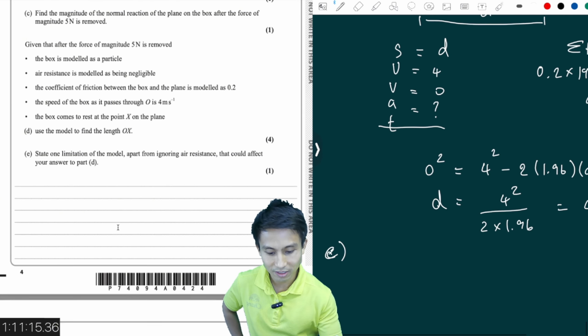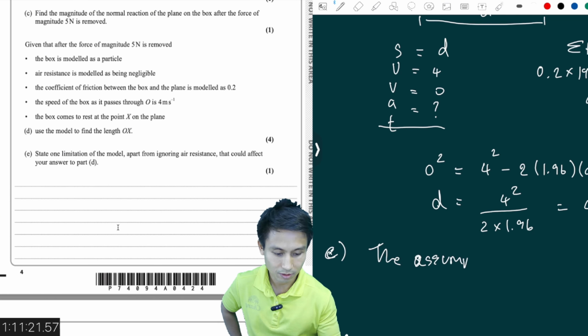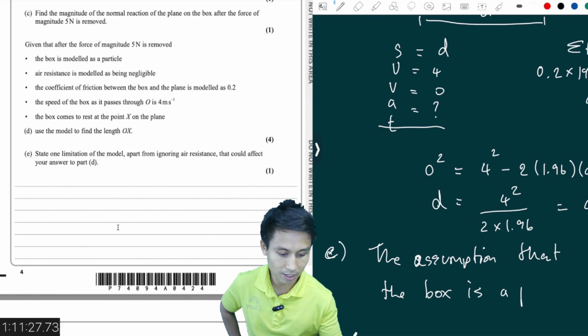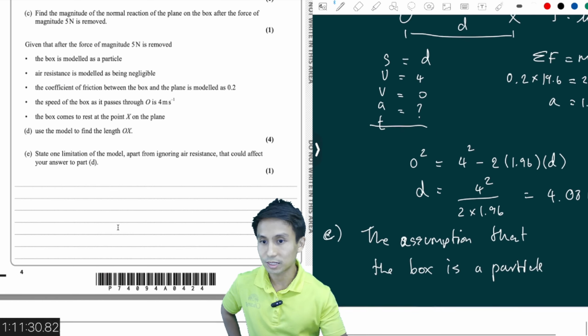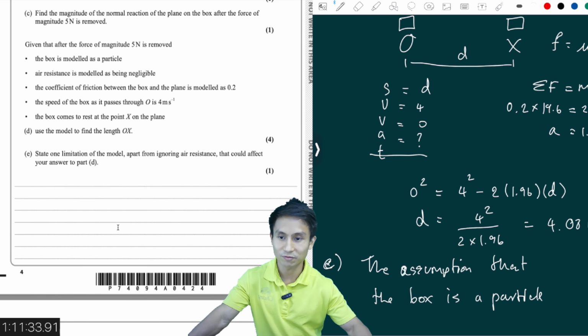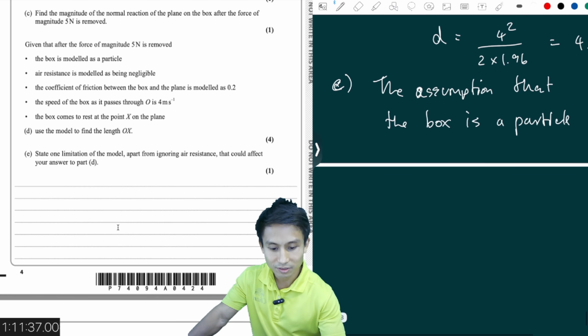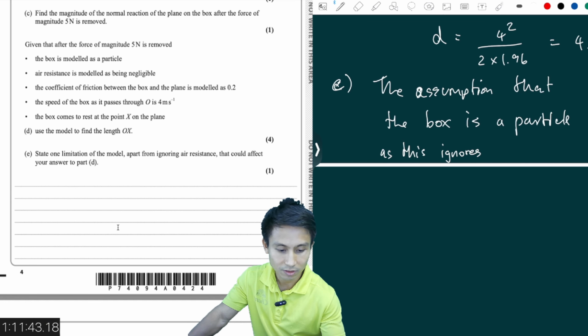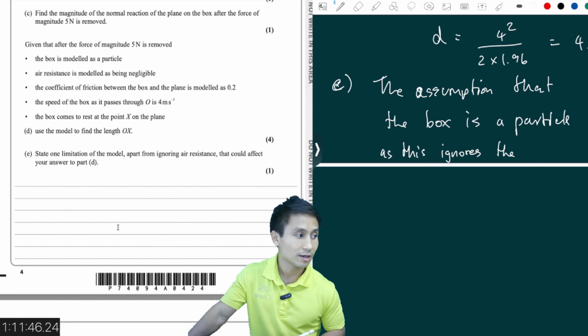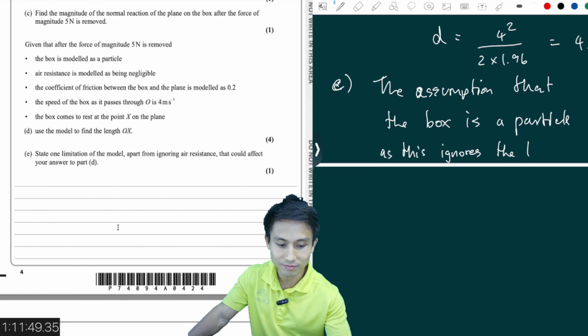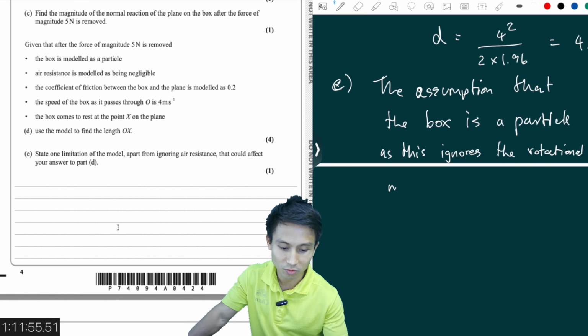Because when you pull the thing, the reaction is just acting on a surface rather than a point, right? Yeah, we're just gonna use the assumption that the box is a particle. So state one limitation apart from ignoring air resistance that could affect the answer to part D. Yeah, because this ignores the turning effect, maybe the rotational motion of the box.